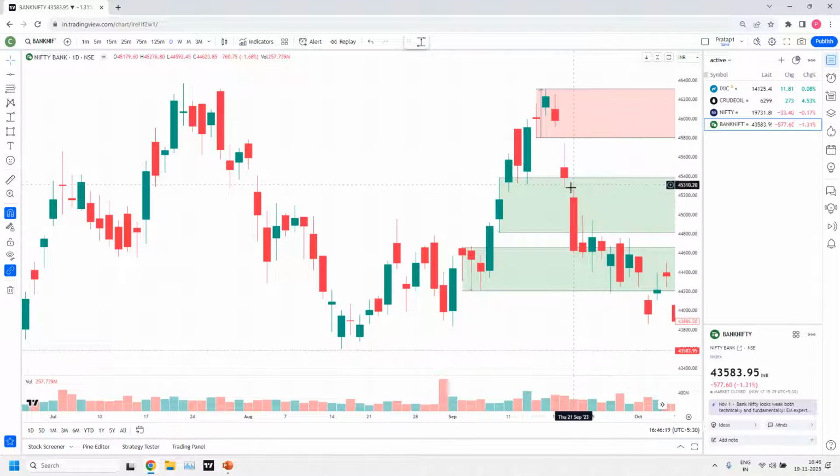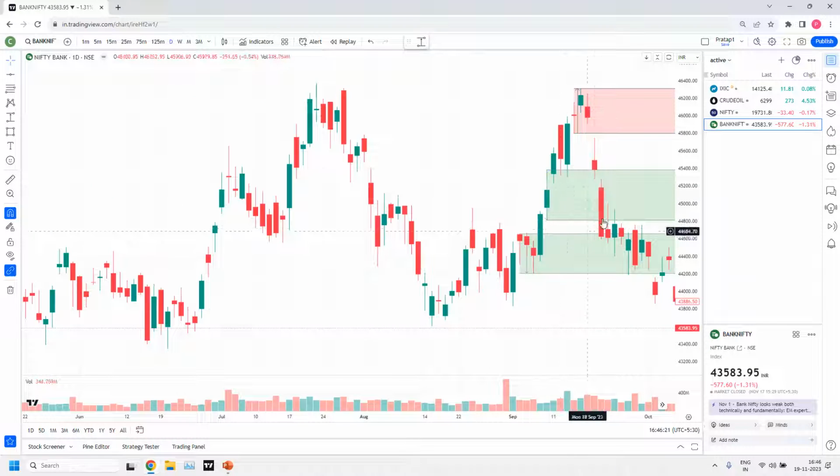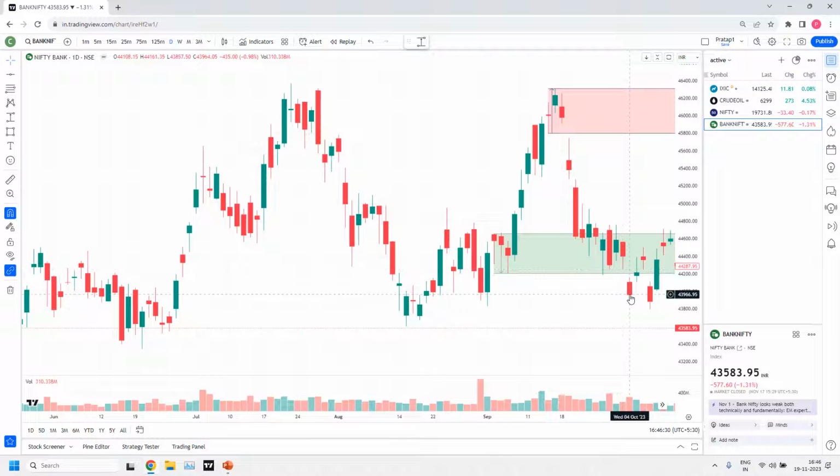After that, the first demand zone is broken. Immediately the trend is changed to sideways. Now let me delete. After that, this demand zone is also broken. Now trend is changed to downtrend.